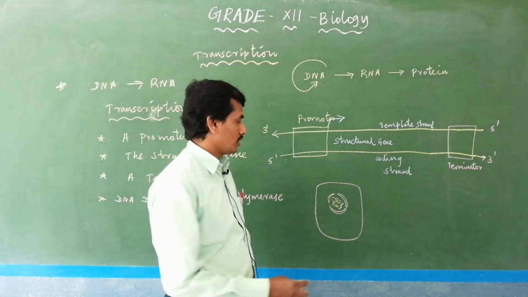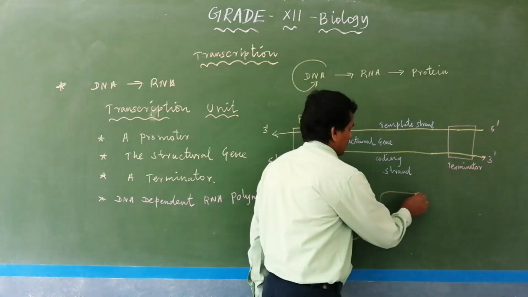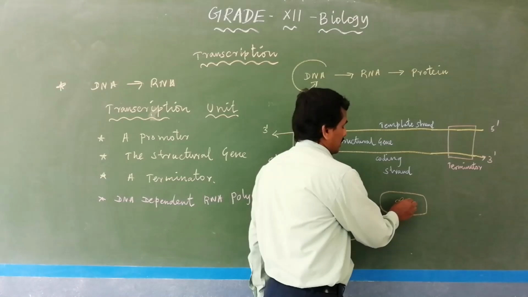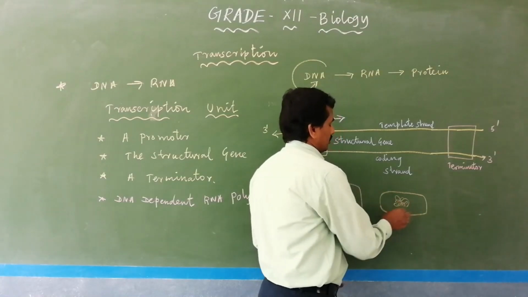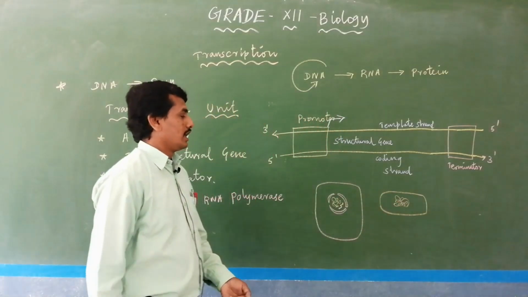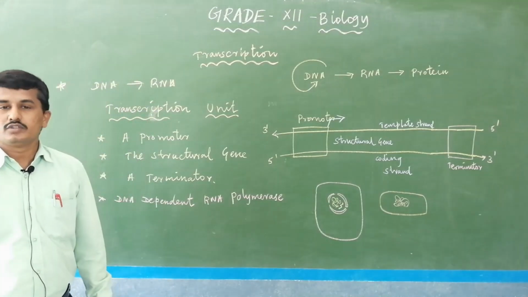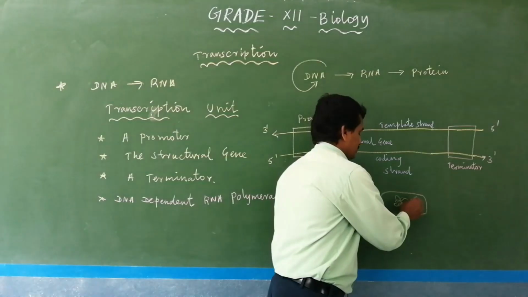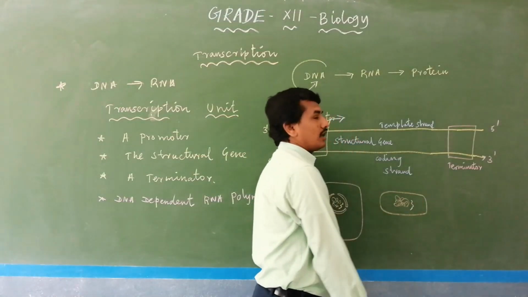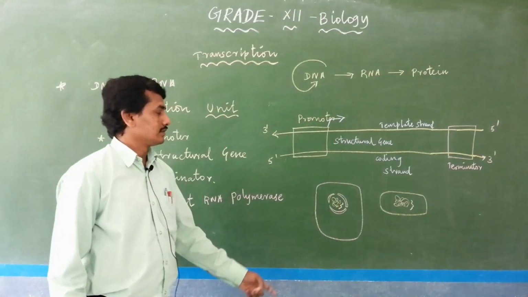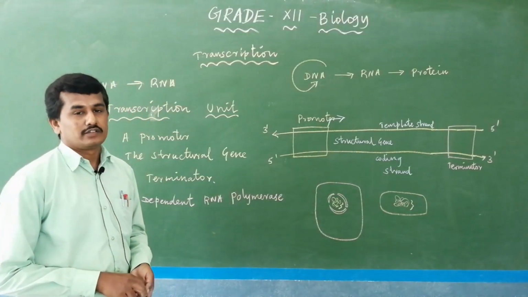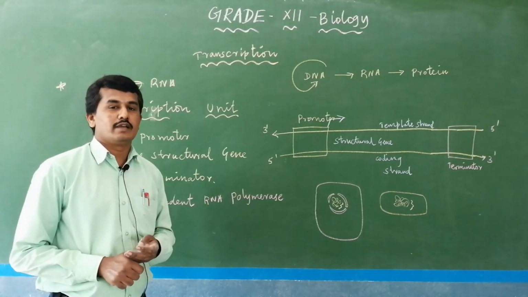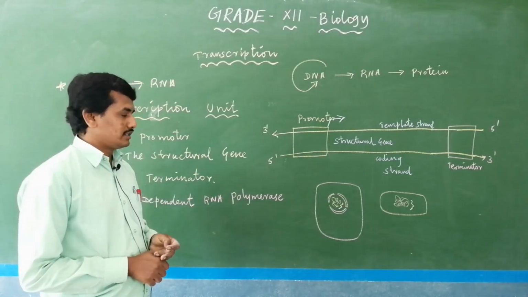Prokaryotic cells, such as a bacterium, have no true nucleus; in the center part, the nucleoid region, the DNA gets transcribed into mRNA. The process is known as transcription: DNA converted into mRNA, or DNA converted into RNA.